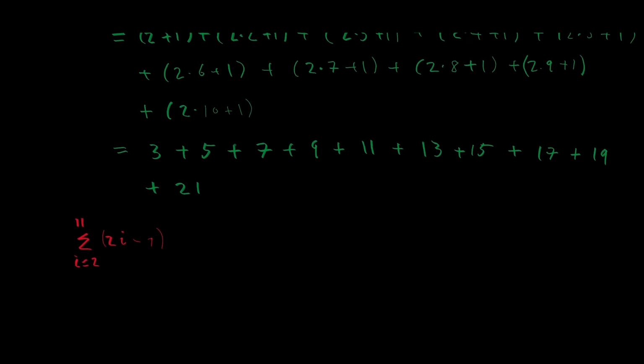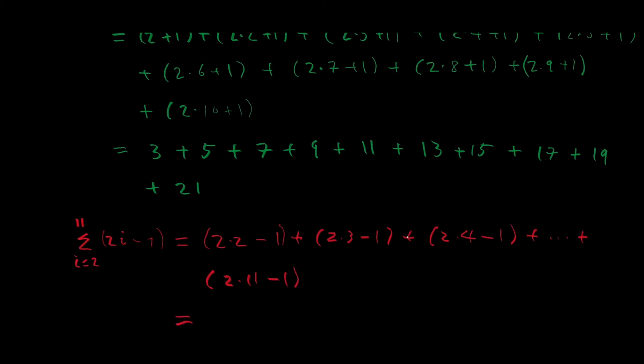You would see that the first term would be 2 times 2 minus 1, which would give us 3. I'll actually write them out so you get a feel for sigma notation. 2 times 2 minus 1, plus 2 times 3 minus 1, plus 2 times 4 minus 1, plus, and I won't do all of them, but the final term is going to be 2 times 11 minus 1.